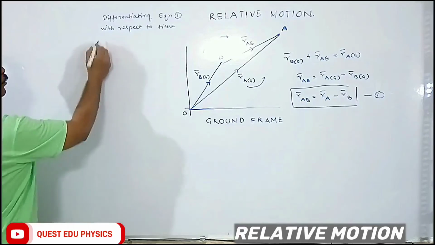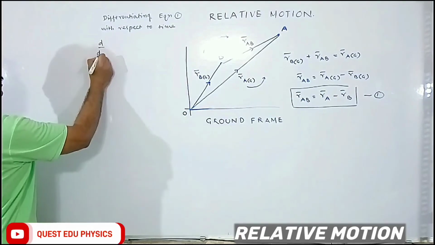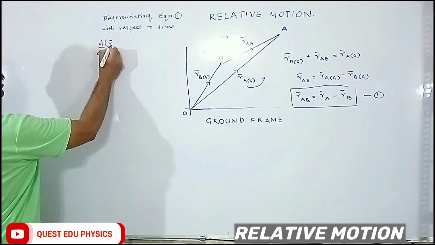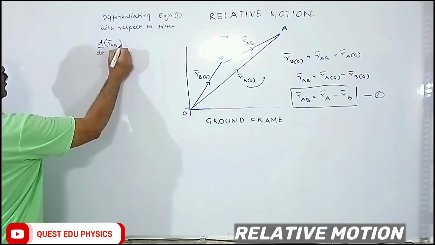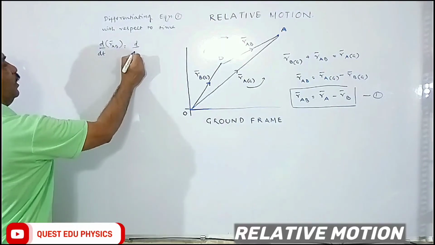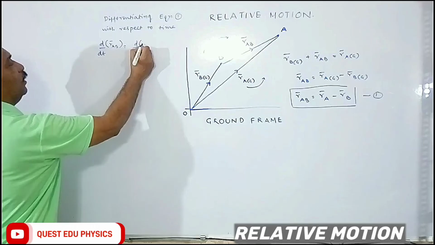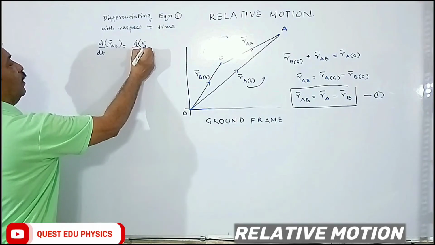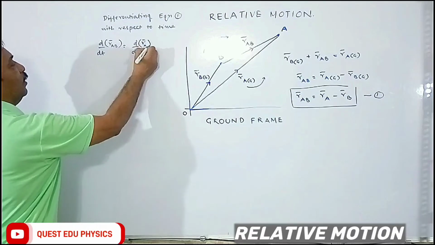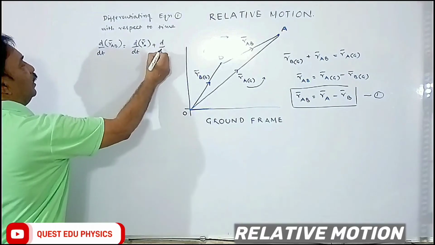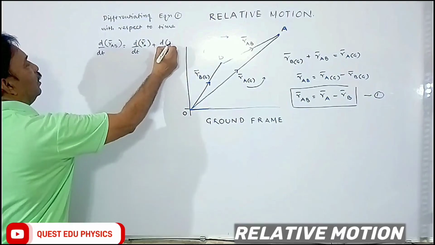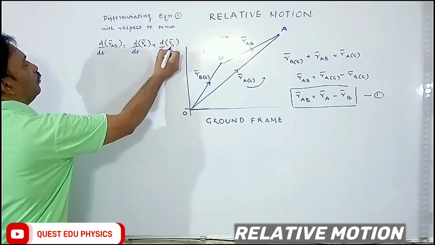What we get? d by dt of r bar AB is equal to d by dt of r bar A minus d by dt of r bar B.